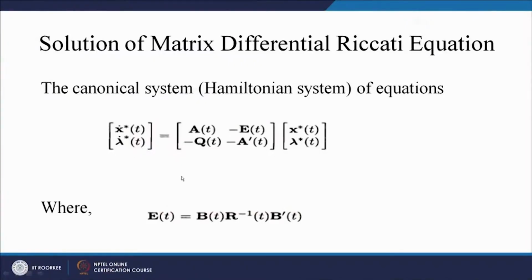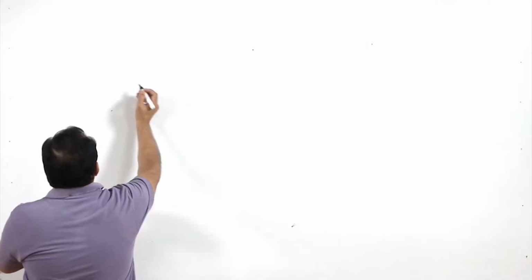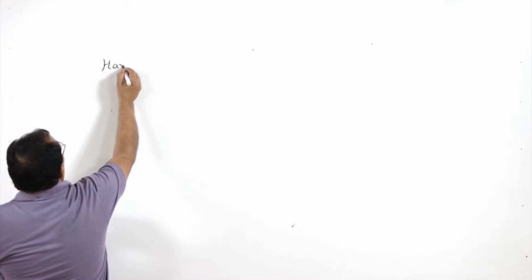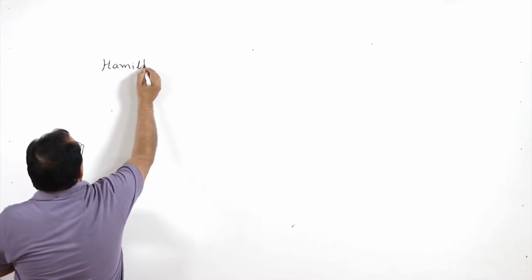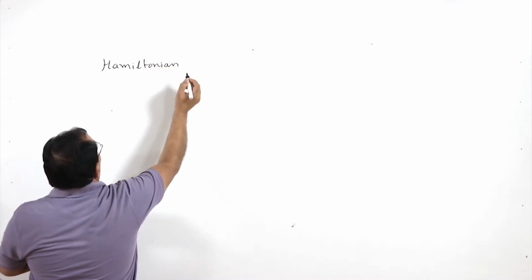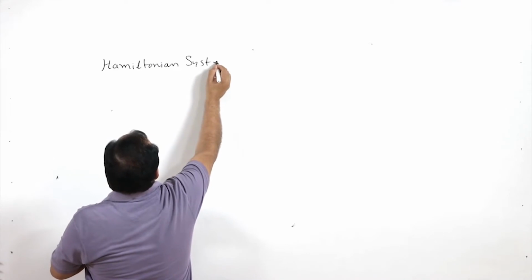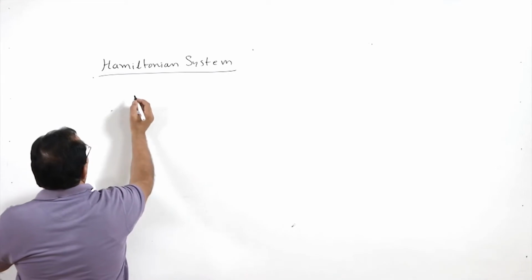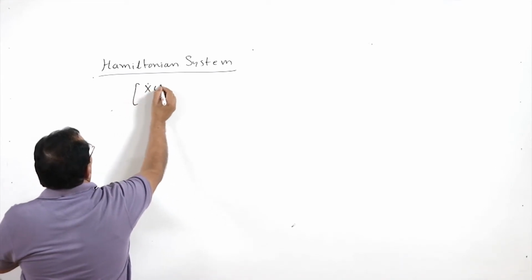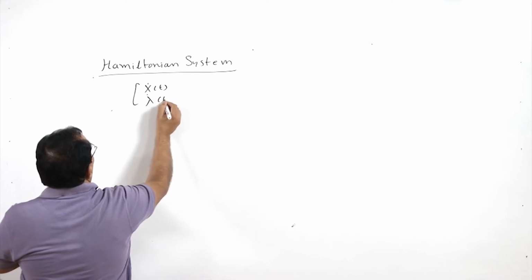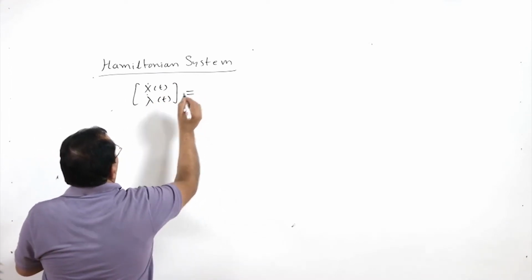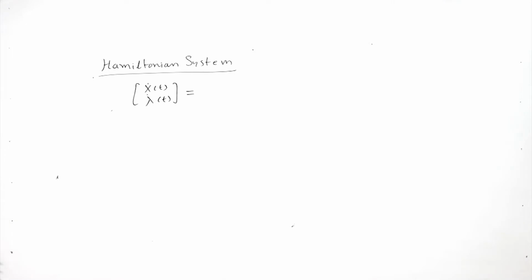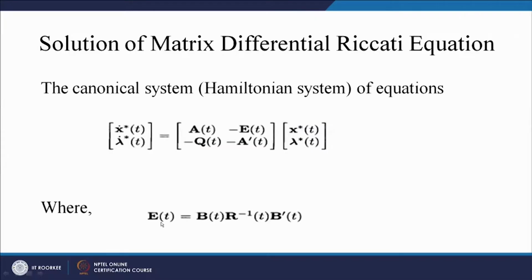So, the state and the co-state equation I write as a Hamiltonian system, or canonical system, in the form of x dot of t, lambda dot of t, which is the set of 2n equations, is A minus E, where E is B R inverse B prime.